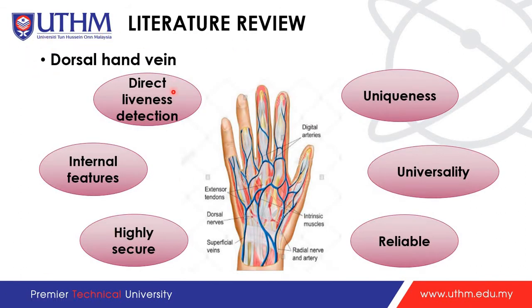Dorsal handprint, which is beneath the skin, has direct liveness detection. Its internal features make it highly difficult to be forged, and hence it is highly secure, and it's not affected by external conditions such as dirt or skin disease, which decrease the fingerprint pattern readability.